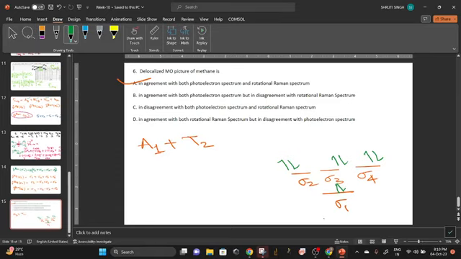These are molecular orbitals, meaning each is delocalized over all four bonds. So sigma 1 has contribution from all four bonds, sigma 2 also has contribution from all four bonds, and so on. So all four bonds are equivalent. Bond lengths are equivalent. So the correct option is A here.